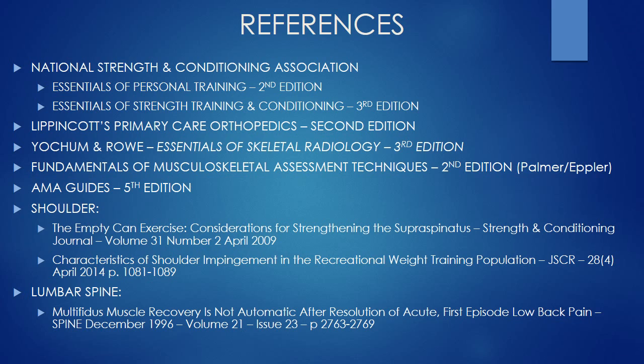I'll be drawing on some physical examination procedures from the Fundamentals of Musculoskeletal Assessment Techniques. That's a fabulous textbook by Palmer and Epler, a couple of physical therapists. I'll make also a brief reference to the AMA Guides, 5th edition, and those of you that are qualified medical evaluators, you'll recognize those references.